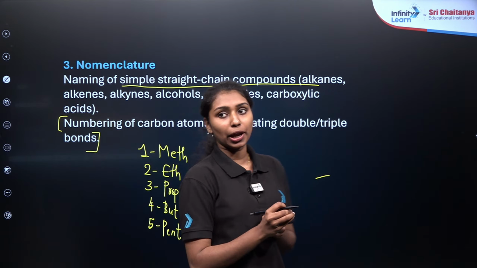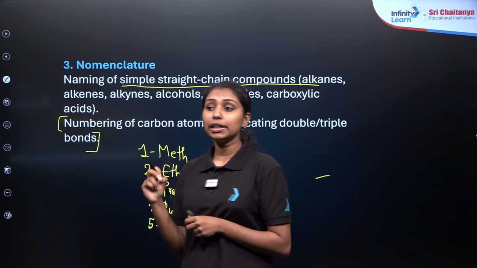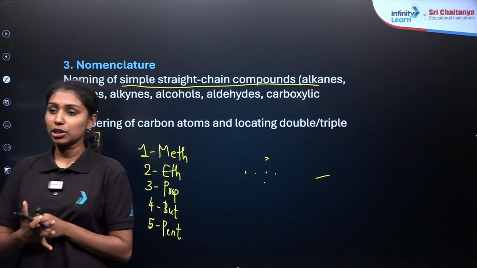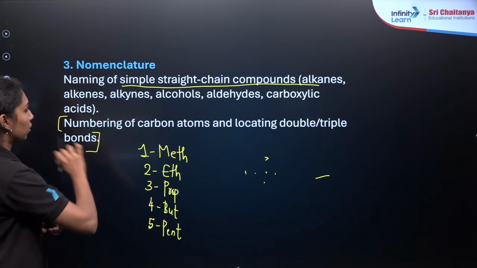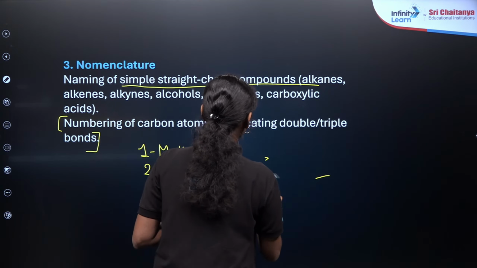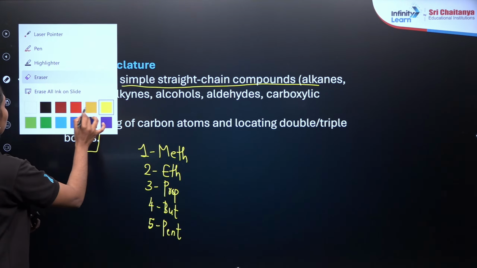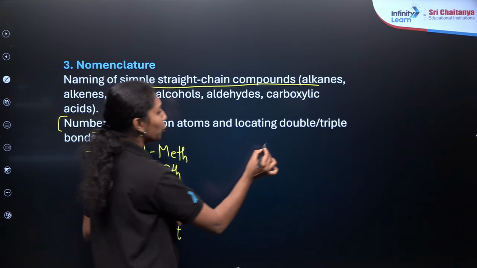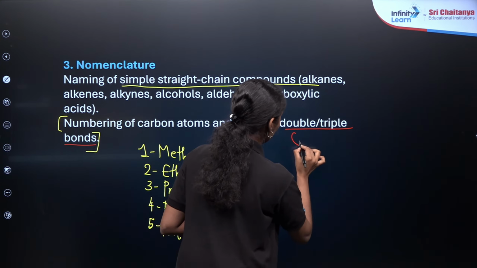According to the priority group, you need to give the numbering of the compounds. Then you will get the proper naming of the compounds according to IUPAC. I hope you remember. And this is very important: if you have any double or triple bond, you need to give the numbering according to that.